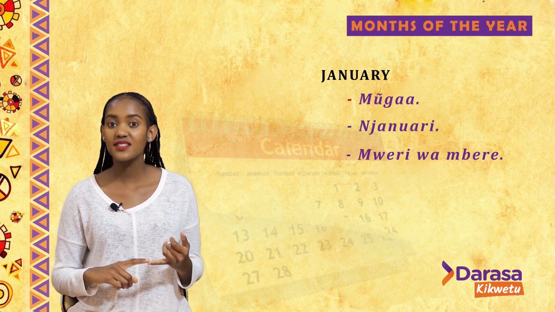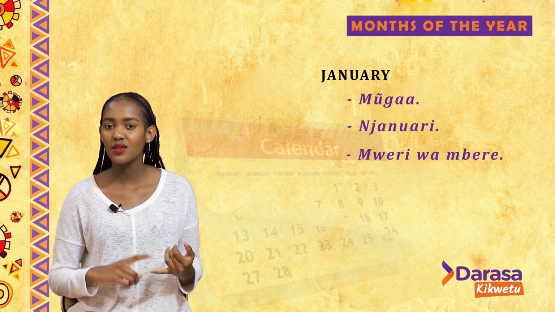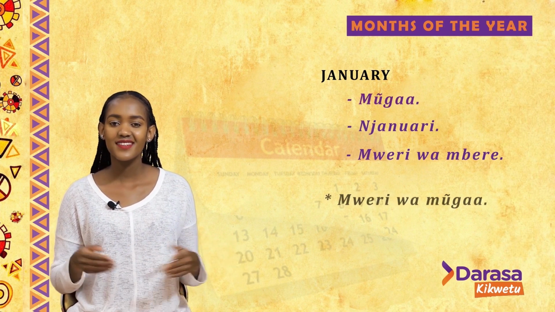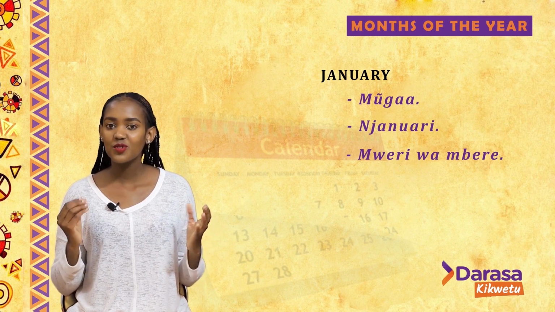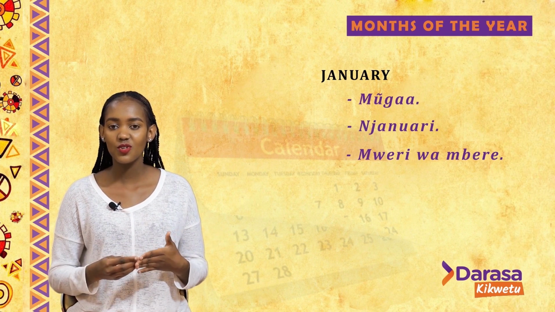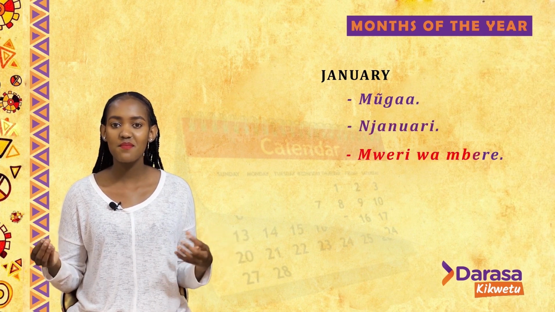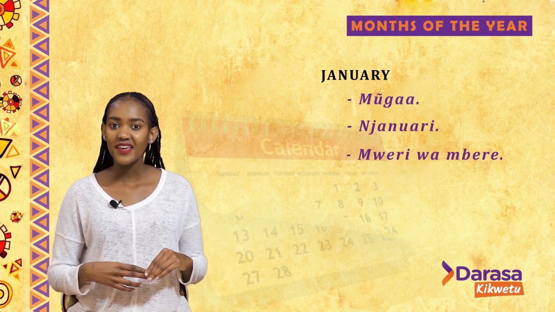So the actual name is Muga, Mweri wa Muga. But some people don't know this, so you can always say January or Mweri wa Bere. Okay?